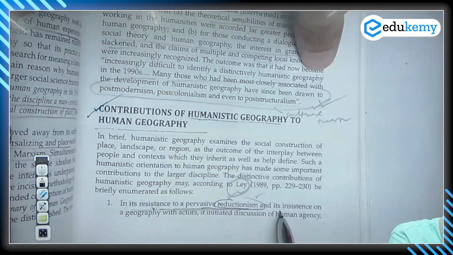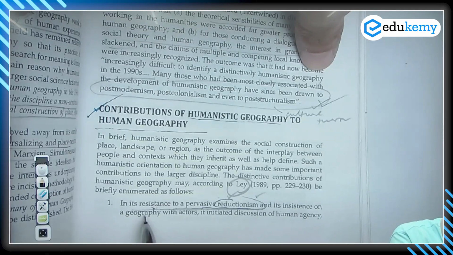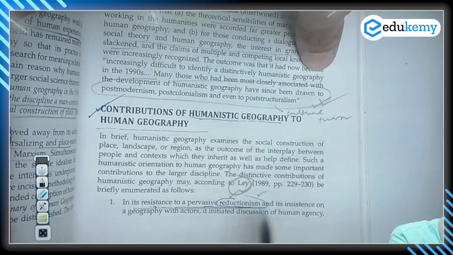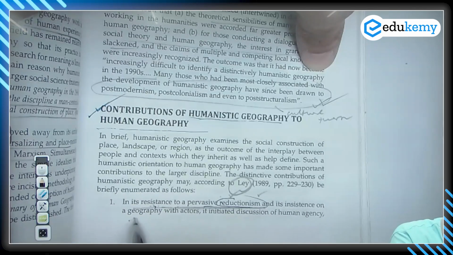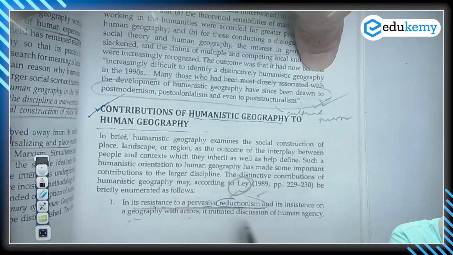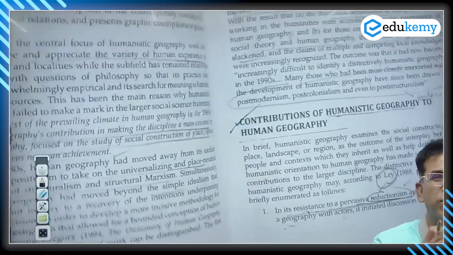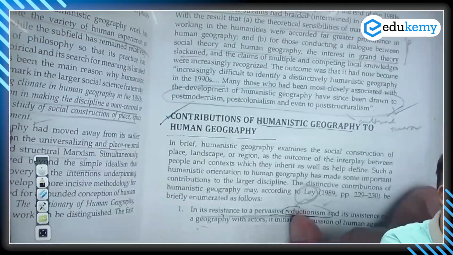So its resistance to pervasive reductionism, and its insistence on geography with actors, initiated discussions of human agency, a central theme. Essentially, geography is no longer reductionist. We mix everything together. That's one.